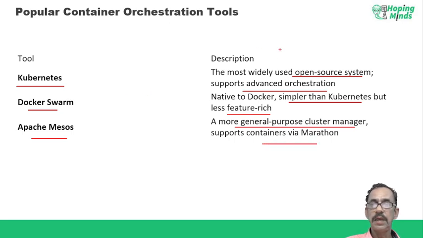So that is the main difference. We are normally using Kubernetes and Docker, as I told you last time. So these tools we use for orchestration. Docker Swarm is less feature rich compared to Kubernetes, so the most preferred is the Kubernetes tool.